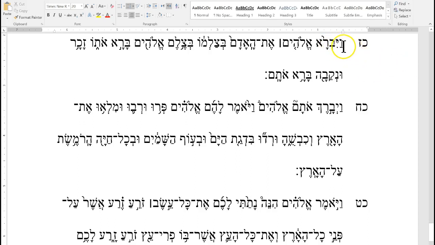Vayivra Elohim, and God created et ha'adam, God created the Adam, be'tzalmo, in his image, be'tzelem Elohim bara oto, in the image of God created him, zakar unekeva. So this is the male and the female, and this word male looks just like the word remember.